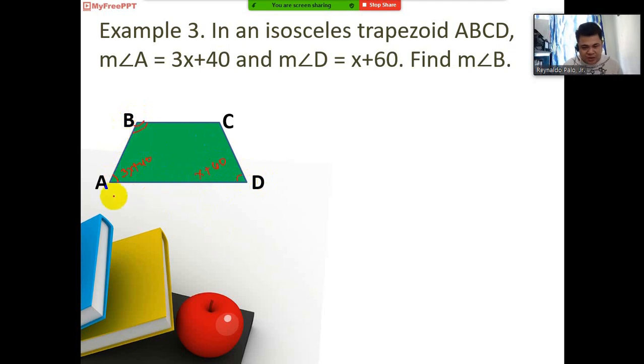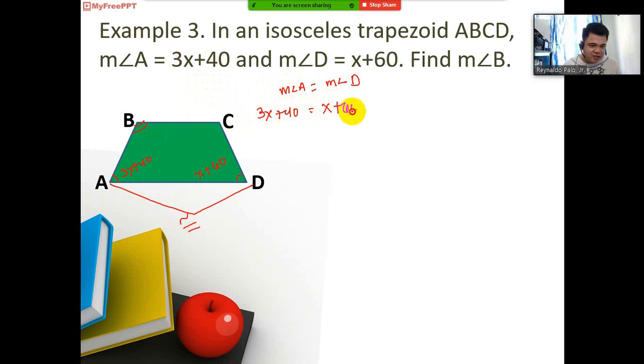Before we can solve for that, we have to solve for x by stating the property that base angles are congruent. So we can say that the measurement of angle A is equal to the measurement of angle D. So first we have to solve for x. Equate: 3x plus 40 equals x plus 60.